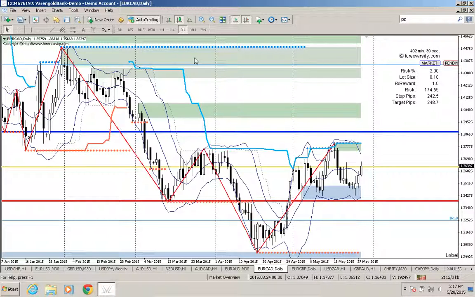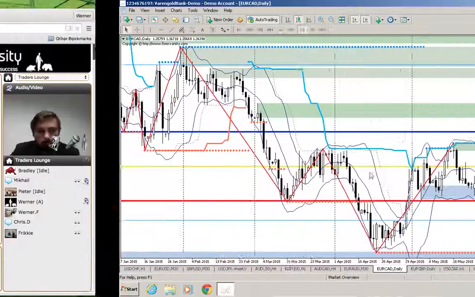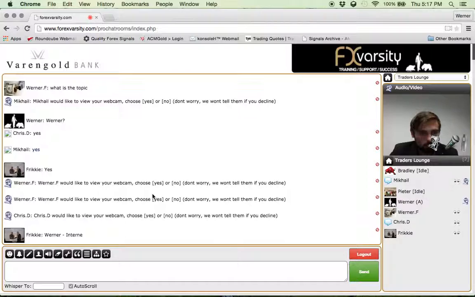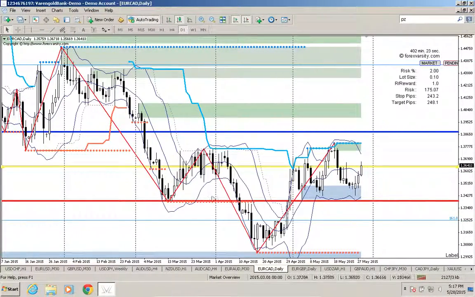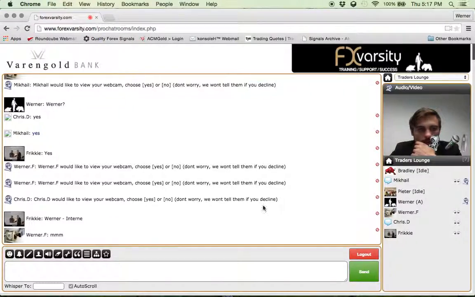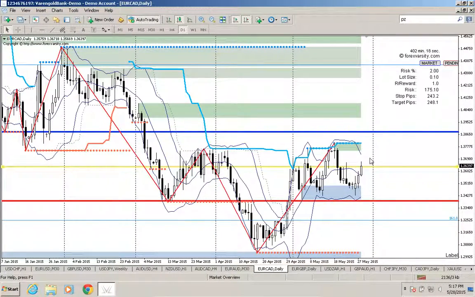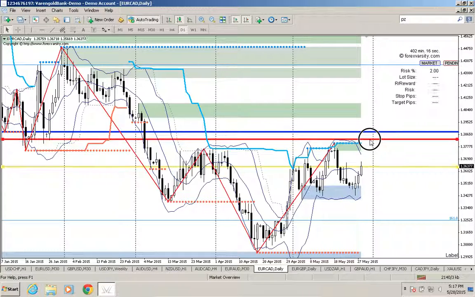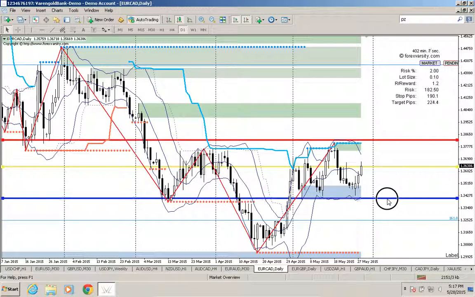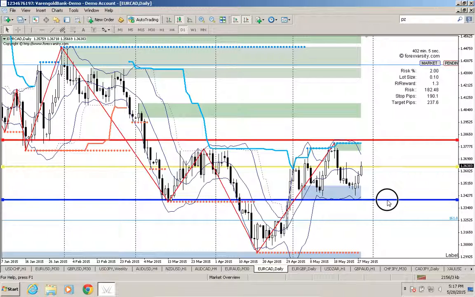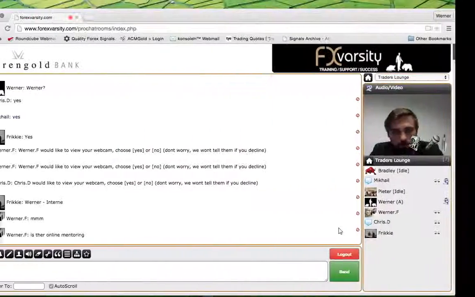So you have 2 options now. You can either sell at current price, with your stop loss above the daily high, and your take profit below the daily low, because you know price needs to make a low.